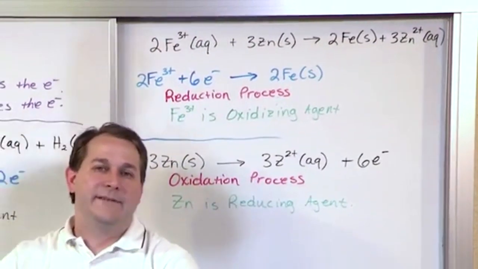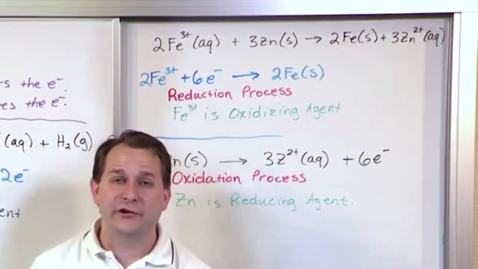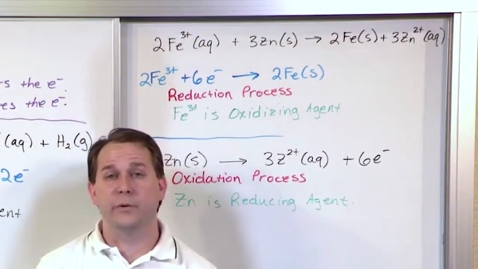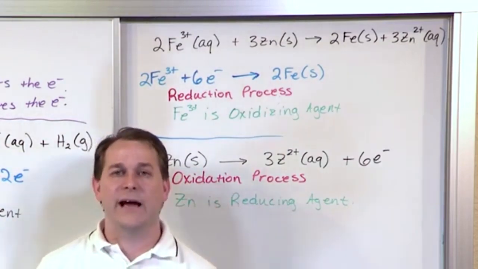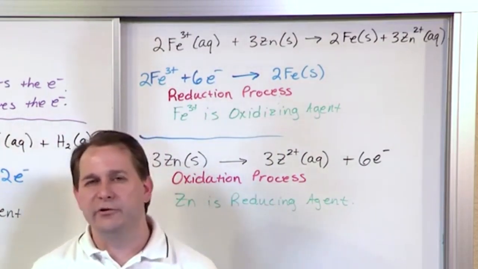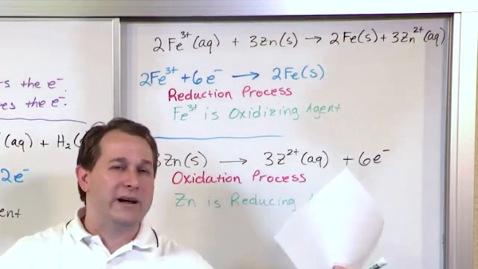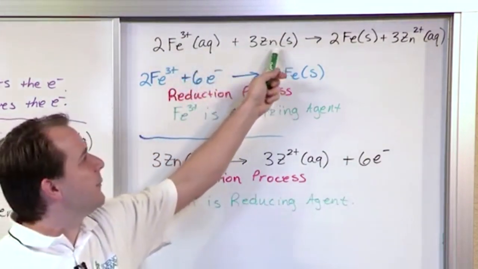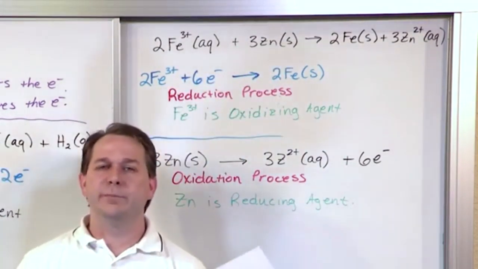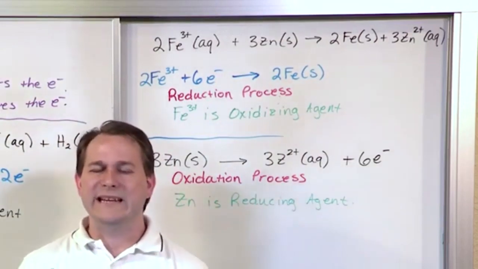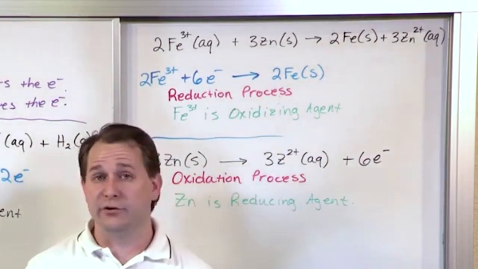So that wraps this section up in half reactions and identifying oxidation or reduction processes in a half reaction. So just don't forget the big picture here. We're given these long reactions, which is sort of like what we've got up here, and we split it up into half reactions so that it's a little bit easier to see what's going on with the electron transfer.